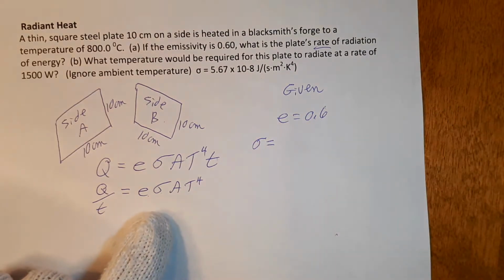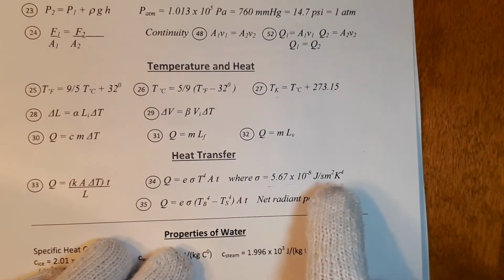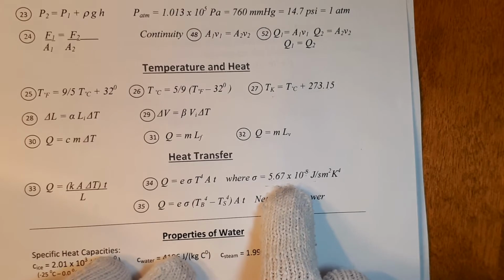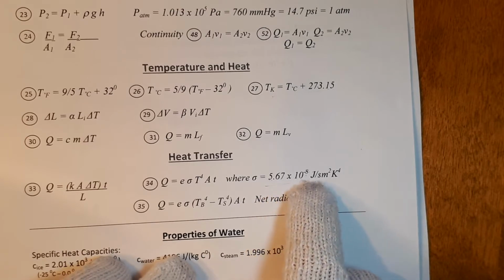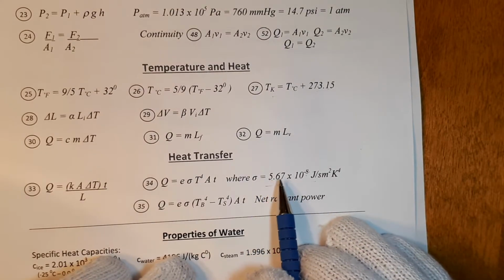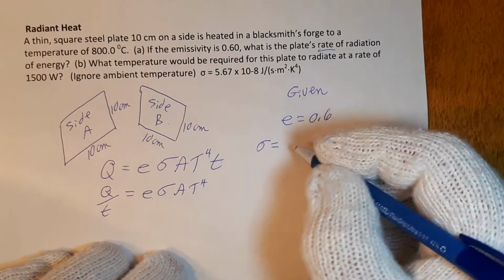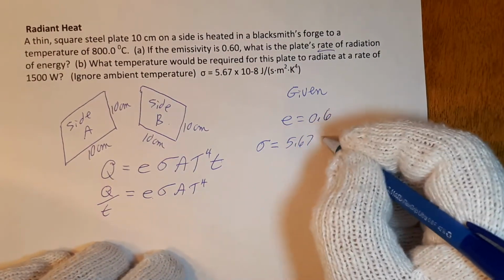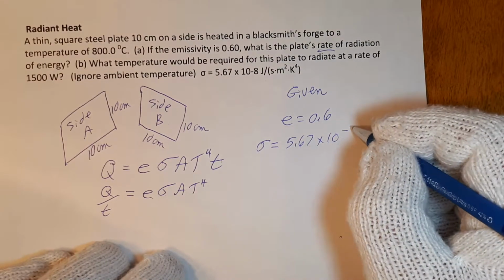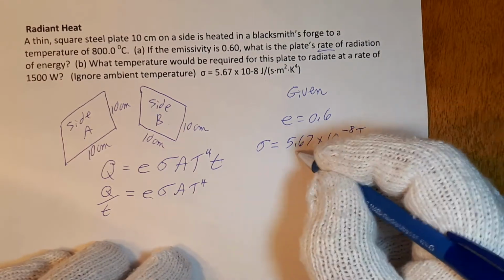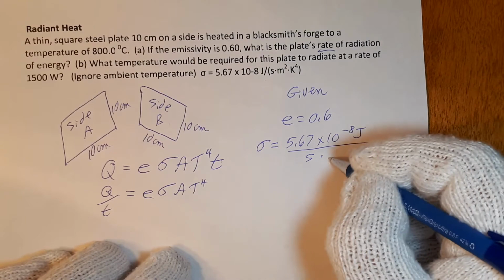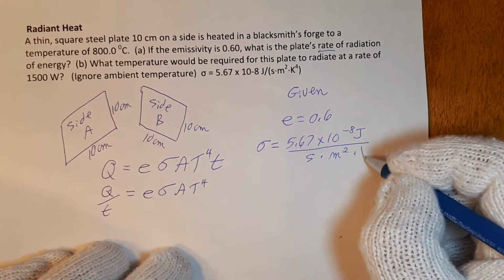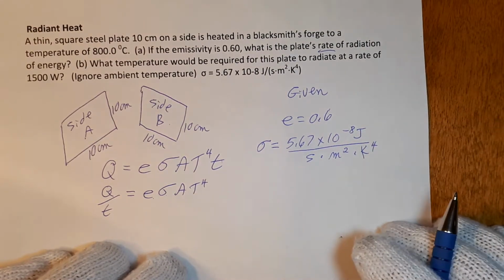Sigma is equal to, and that is in the formula sheet, here it is, the Stefan Boltzmann constant, 5.67 times 10 to the minus 8. I always remember this as 5678. Minus 8. And the units are joules per second meter squared Kelvin to the power of 4.